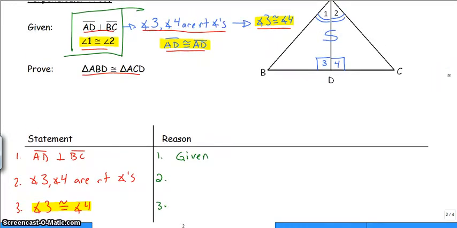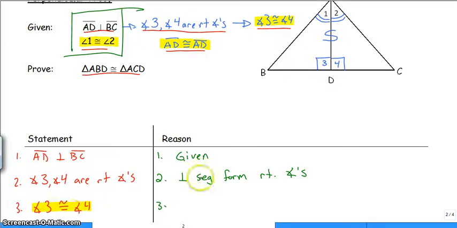We did this on our proof guide sheet at the beginning of our proof section of chapter 4. Perpendicular tells us that we have right angles because perpendicular segments form right angles. We need to write that as our reason whenever we start with perpendicular. Right angles are 90 degrees. We know that if it's 90 degrees, all of them are 90 degrees.